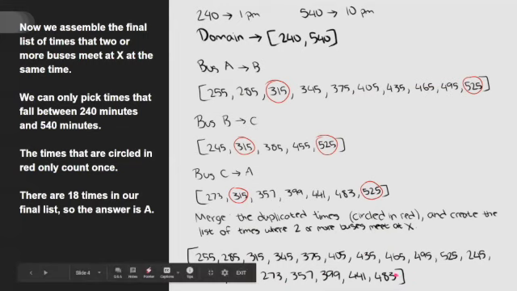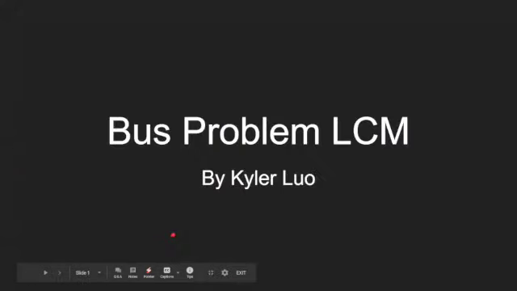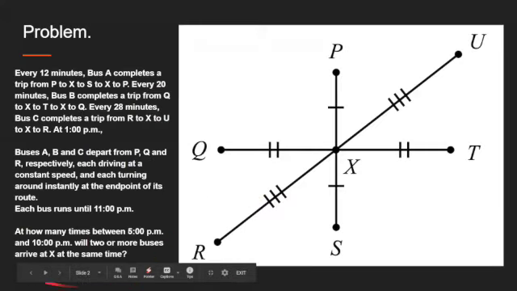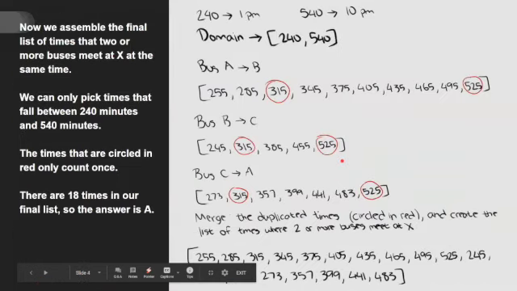So we have 18 times, you can count if you want, the 18 times in this list. So our final answer is A, which is 18. So yeah, that's the most simple way that I could think of to solve this.